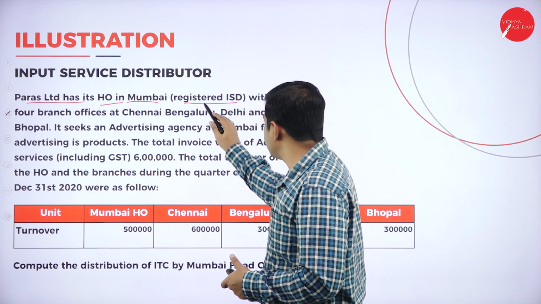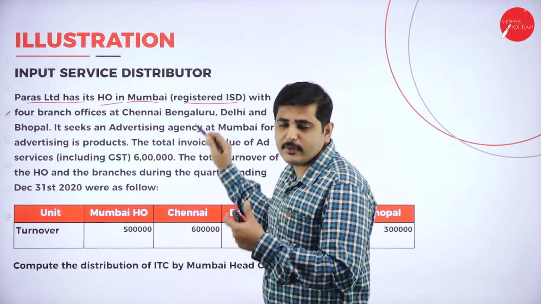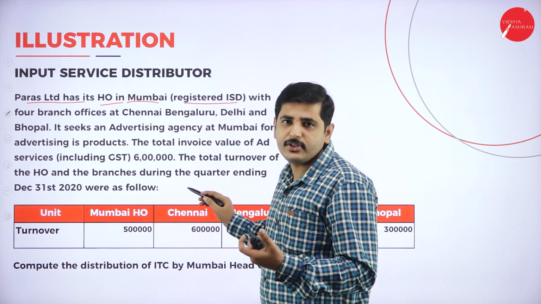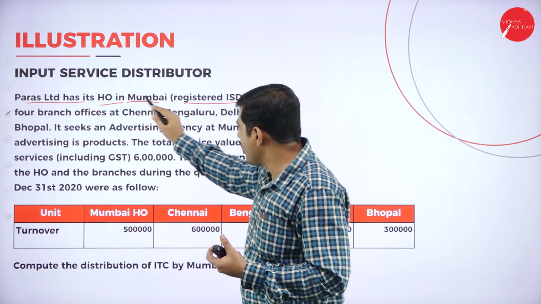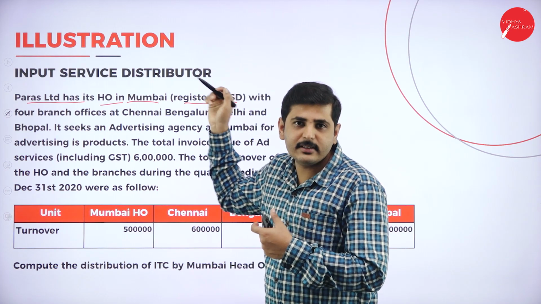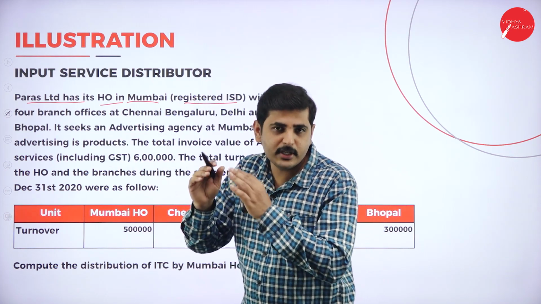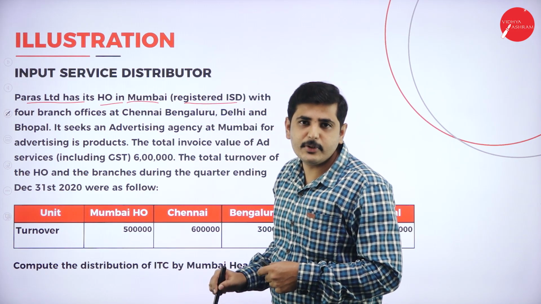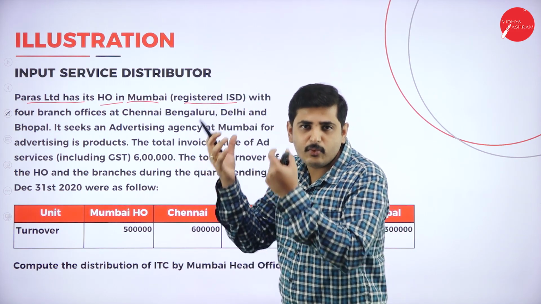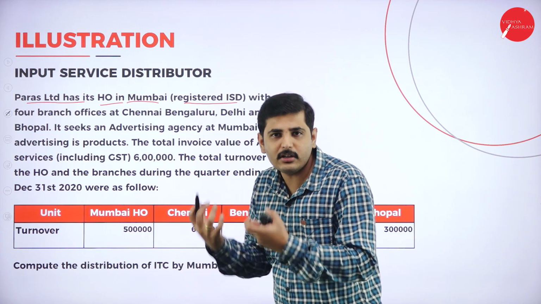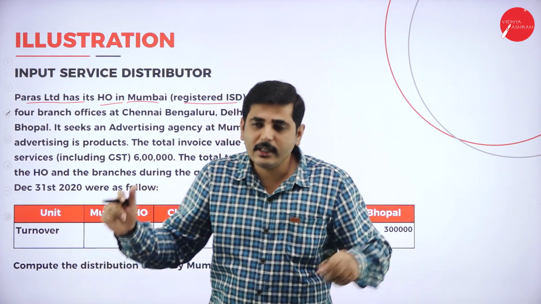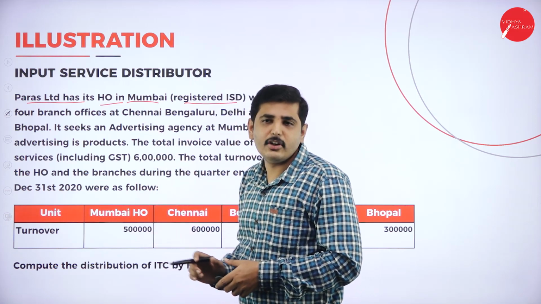Whatever transactions happened in all the branches will be considered as the head office's, and the tax authority will send the total input service credit of all the branches to the registered input service distributor. Once the input service distributor gets the full credit, it has to distribute all the credit to the other branches under the head office.